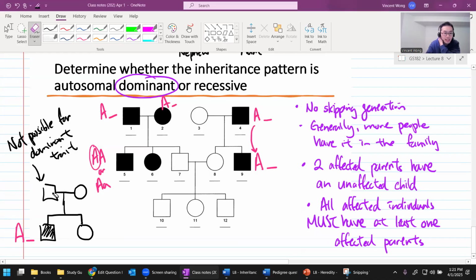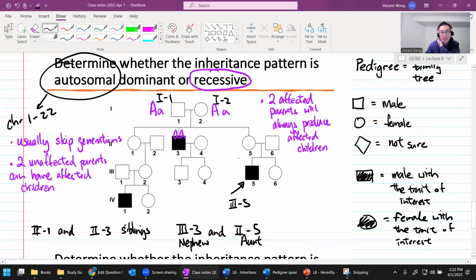Well, the capital A has to come from either the father or the mother. But if the father or the mother has the capital A, they too would have been shaded in, right? But I don't see them shaded in here. So that tells you this is not dominant. Something like this is not possible for a dominant trait. So if you see this, it's not dominant, just like the previous question. I see a person with it, but the parents don't have it. It's not dominant.